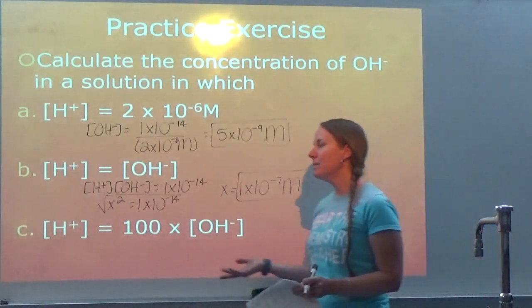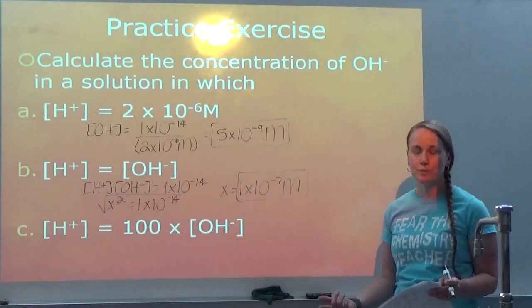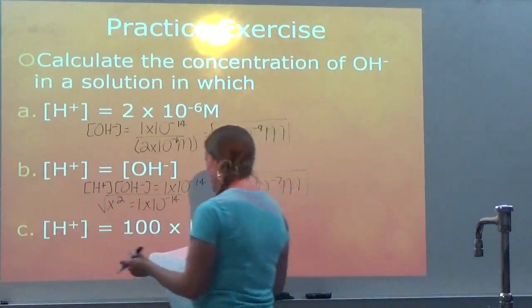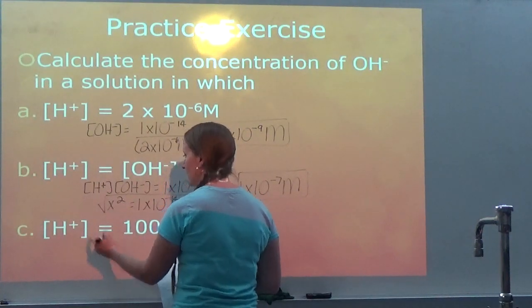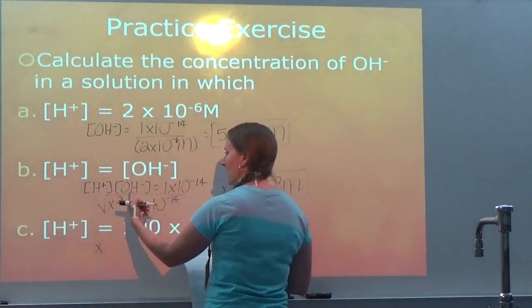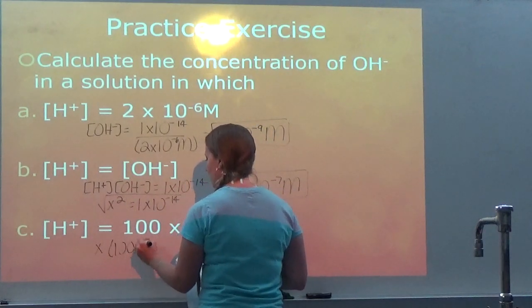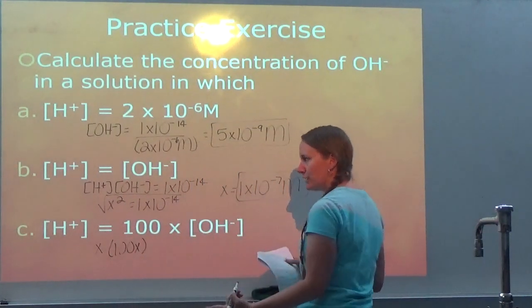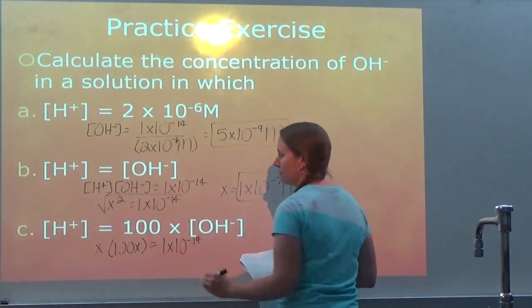So they said, what happens if H plus equals 100 times OH minus? Okay, so what I did here was I plugged in. For H, I plugged in x, using this formula right here. And then for OH, I plugged in 100x because it said it's 100 times OH minus. And then I set that equal to 1 times 10 to the negative 14.